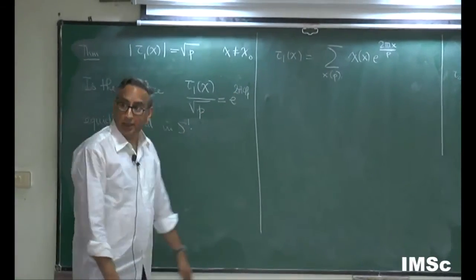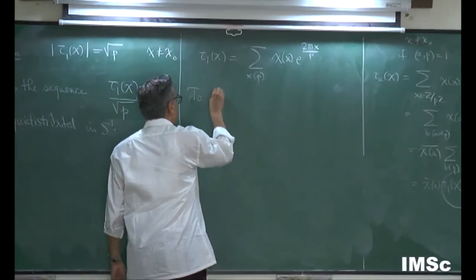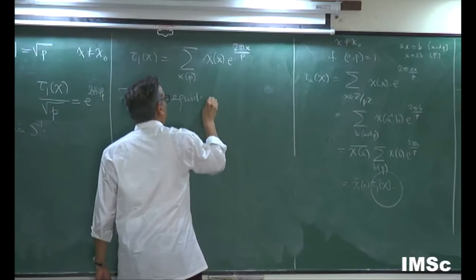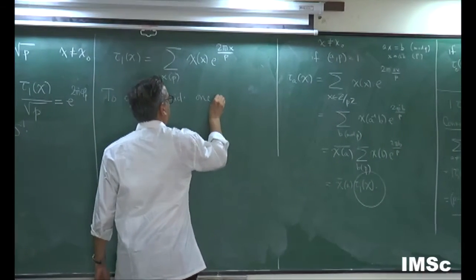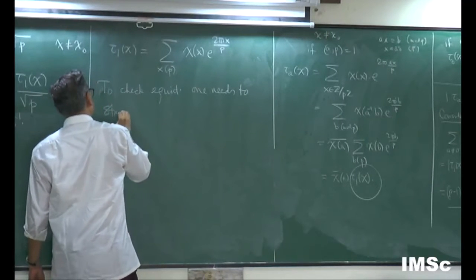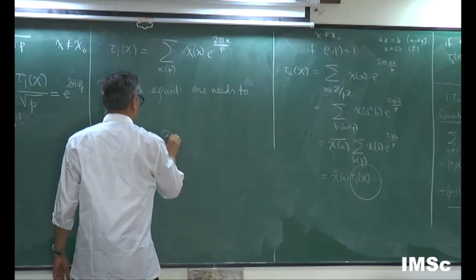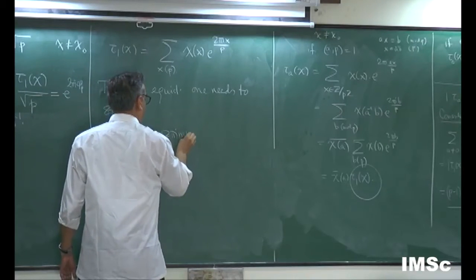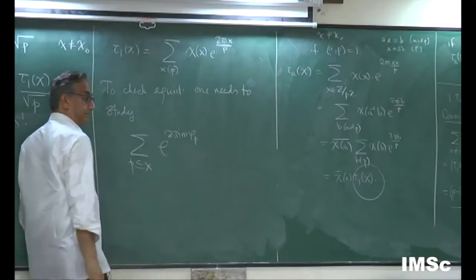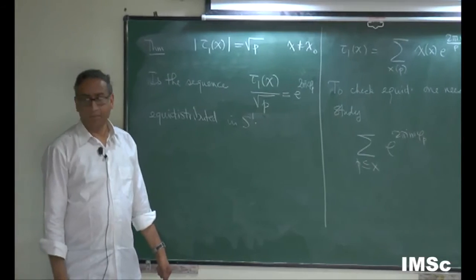And Hermann Weyl tells us that to check equidistribution, one needs to study the summation of e to the 2 pi i m phi sub p, p less than x. For each m, we need to study this. Okay?